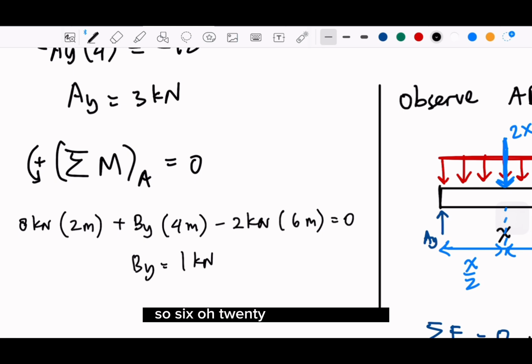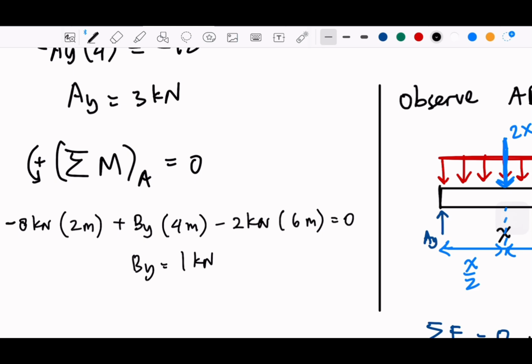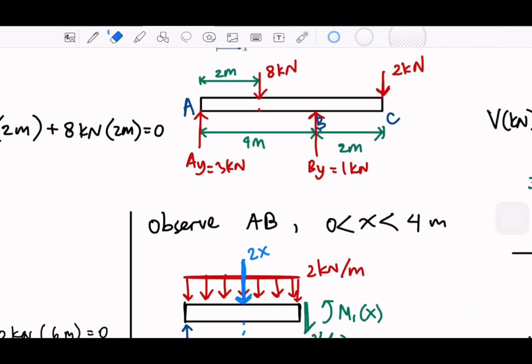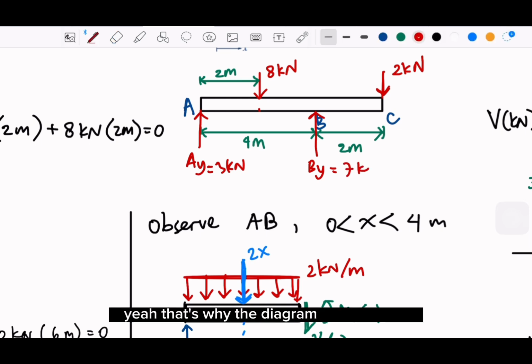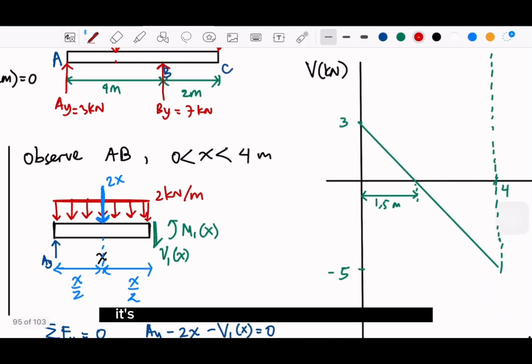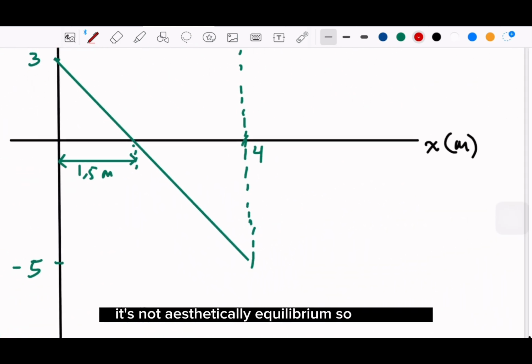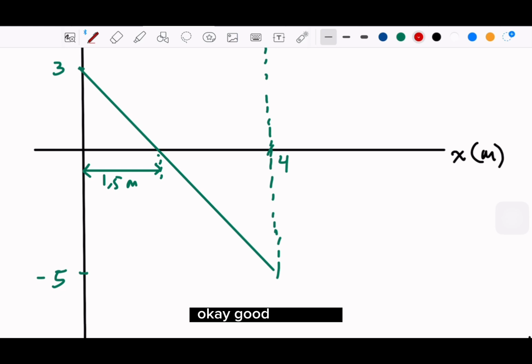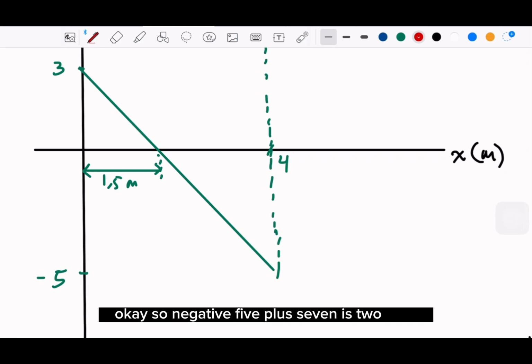So 6, 28, right? Okay, 7, sorry. That's why the diagram seemed weird: it was not statically in equilibrium. So 7. From -5, then +7. So -5 plus 7 is 2, right?